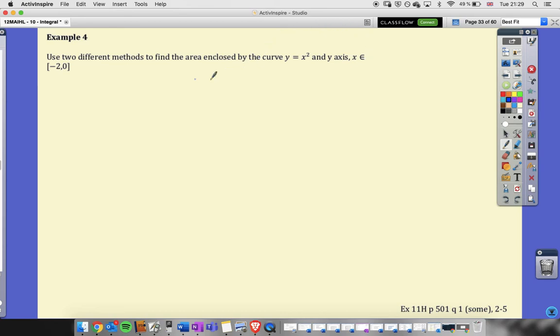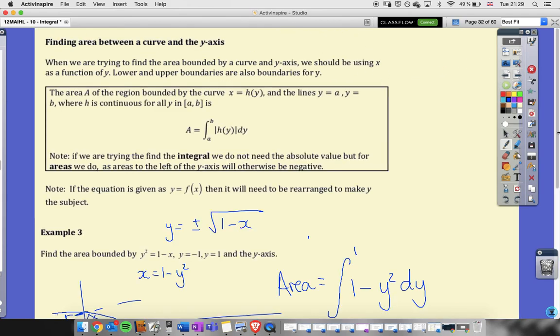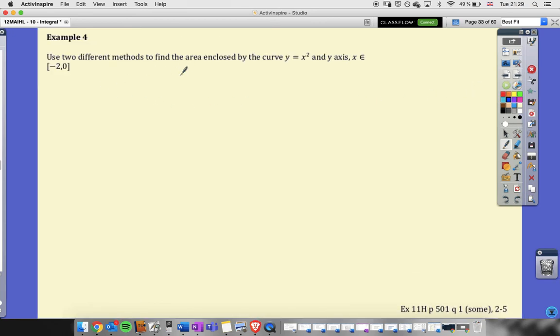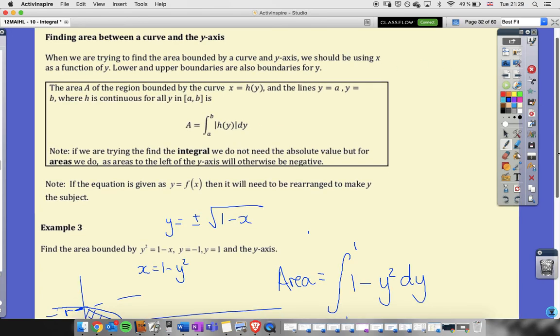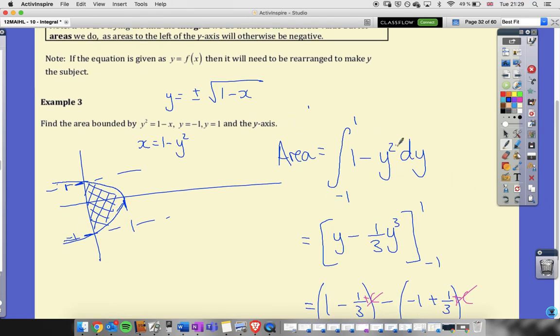One method is this kind of approach, finding the area between the curve and the y-axis. The other is a subtractive method. But definitely work through example 4 and think carefully about each of the elements we had here: a function in terms of y and boundaries in terms of y.